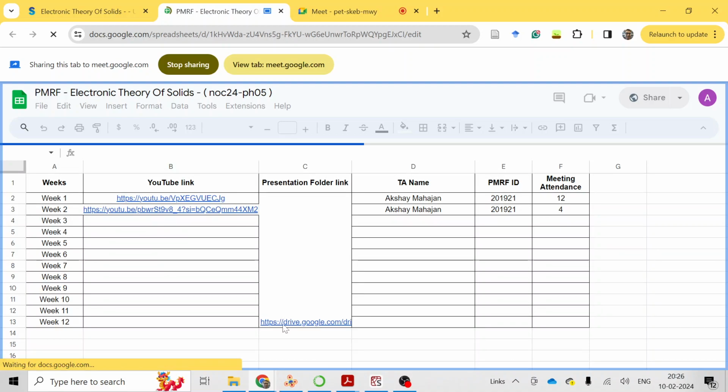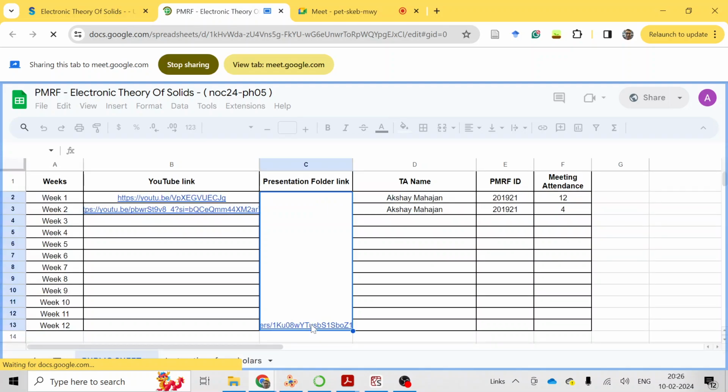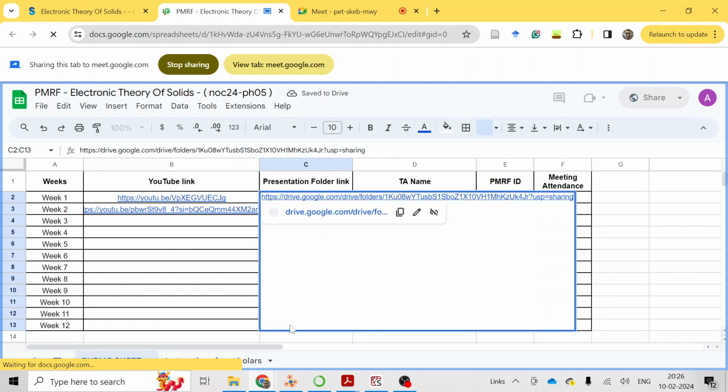If you go to that link, this Excel file will open, and there is also a link to this Google Drive folder, so you can go to this link to the drive.